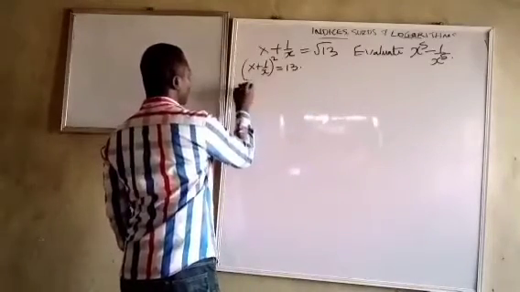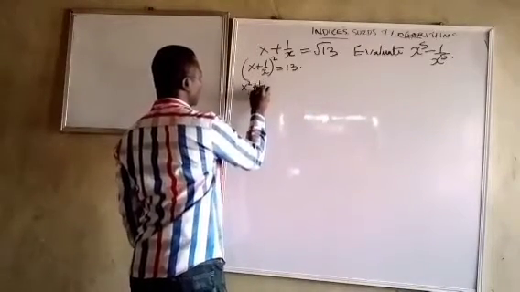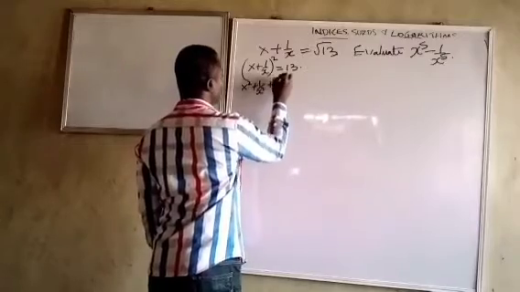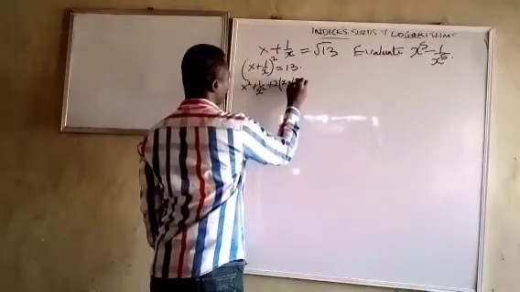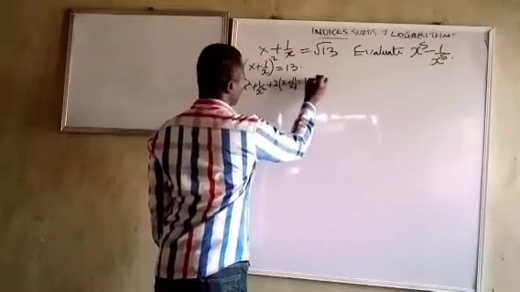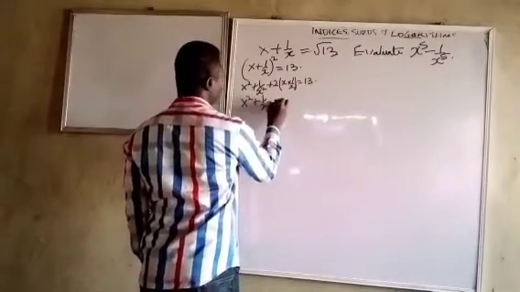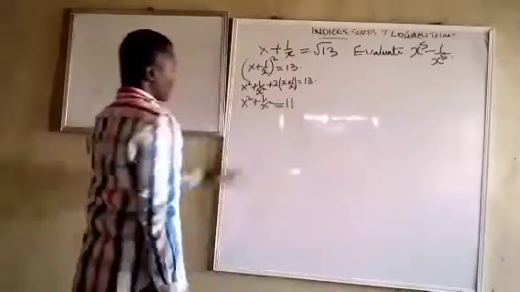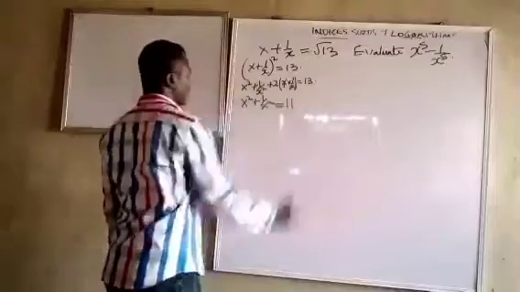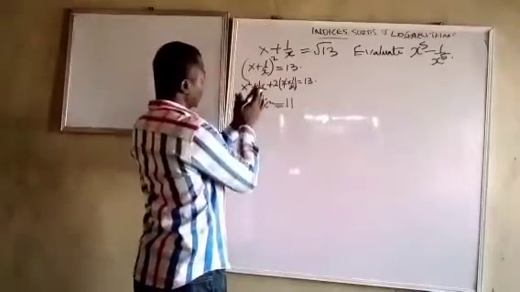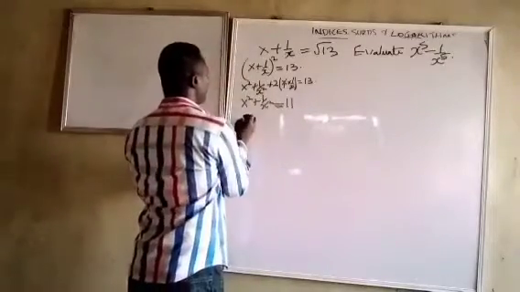And when we expand, you can say x squared plus 1 over x squared plus 2 into x times 1 over x equals 13. So x squared plus 1 over x squared will equal 11. From here, we can also get our x minus 1 over x.